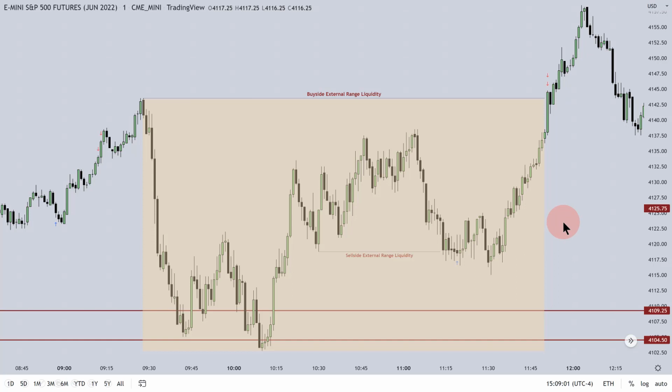So if we're bearish, we're looking for dealing ranges to see buy side external range liquidity tagged, enter into the marketplace there short, and then look for external range liquidity in the form of sell side to pair that up with this model. This pattern repeats very often because it's fractal. It appears in second charts, minute charts, 15-minute charts, hourly charts.